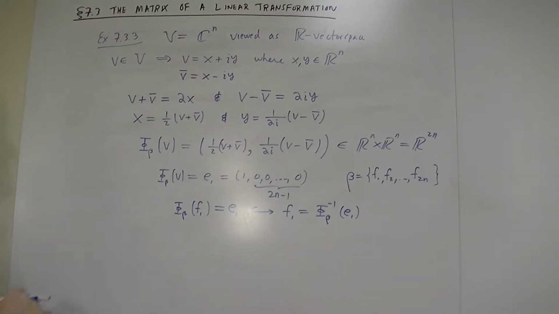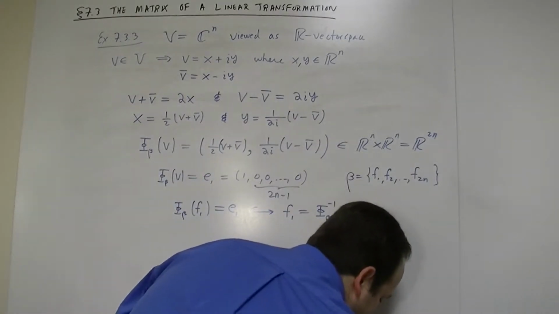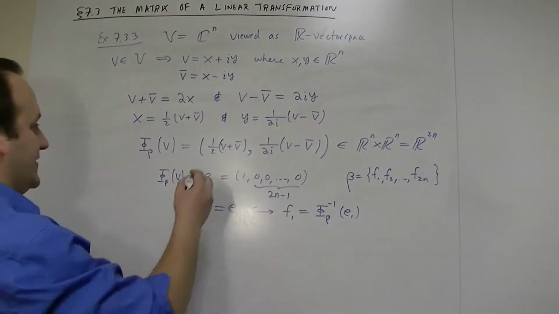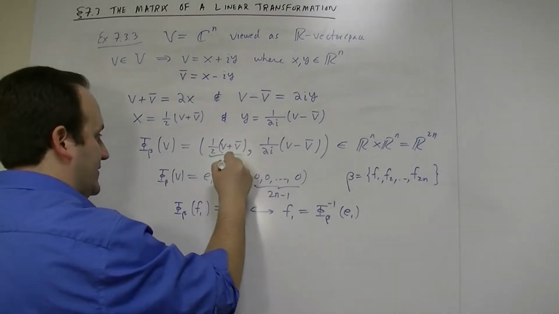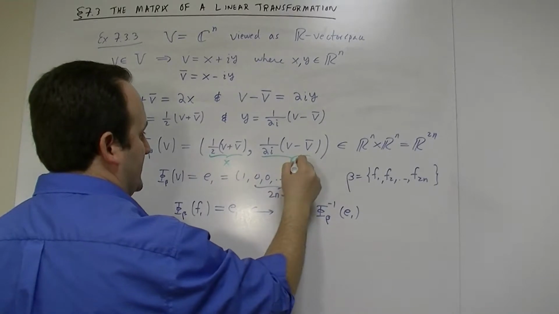So the question is, what is the inverse mapping? Can we find the inverse mapping of beta? I think we can. Once I write something, you're going to be like, well, duh. Perhaps you guys are already saying duh in the comfort of your own dorm room. So this is supposed to be x, and this is supposed to be y.